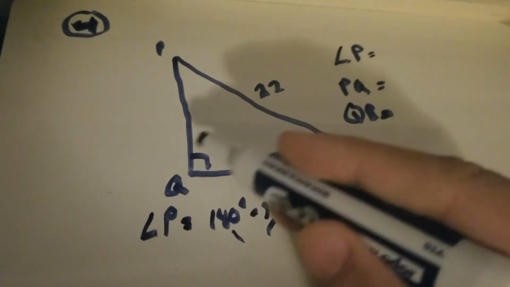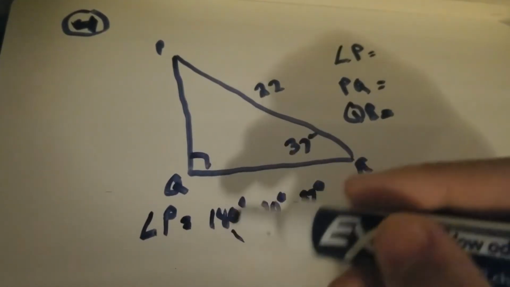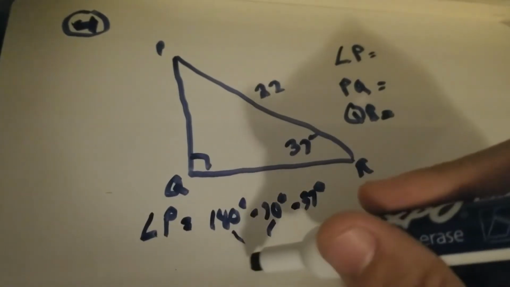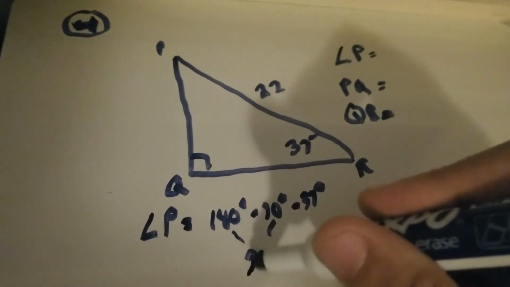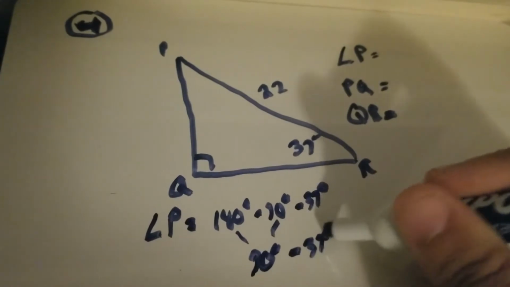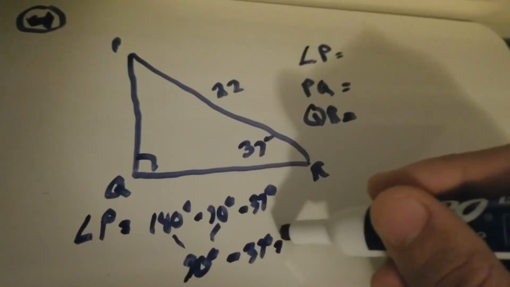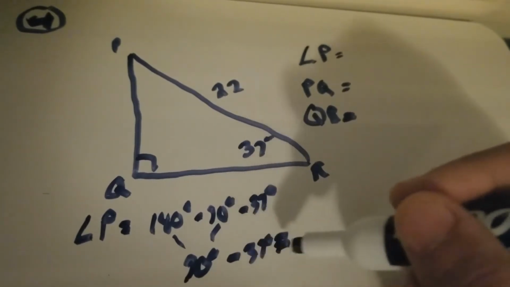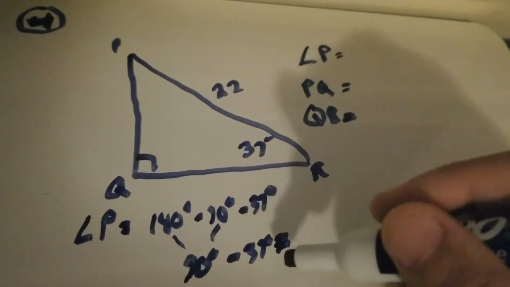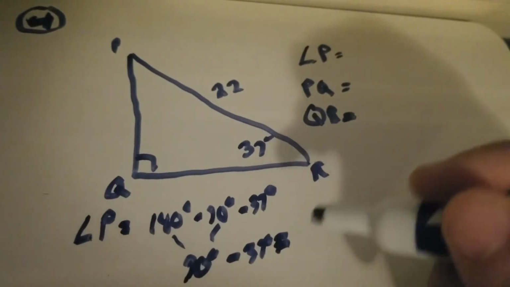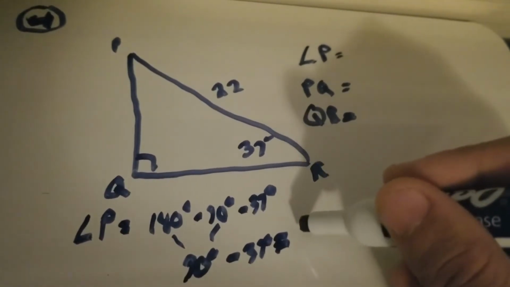Since this is always 90 in our questions, and this is always 180, you could just simply start like this, 90 degrees minus 37 degrees. Doing that will allow you to reduce it pretty nicely. And then 90 minus 37, you just do that in your head or take out a calculator, that's fine. That's going to be 53.